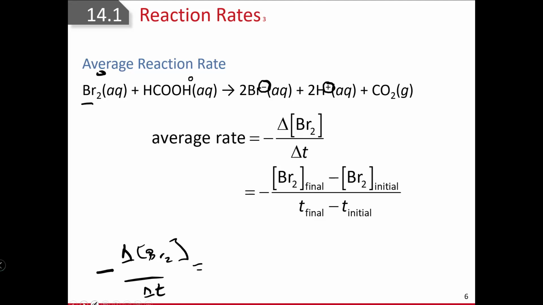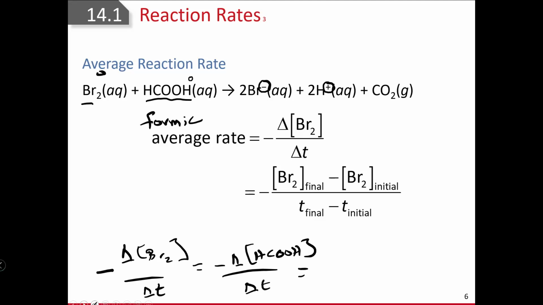We could say in respect to the formic acid, the change in formic acid concentration over change in time. Yeah, this isn't acetic acid, this is formic acid. I don't know what I was thinking. And again, a negative symbol here.